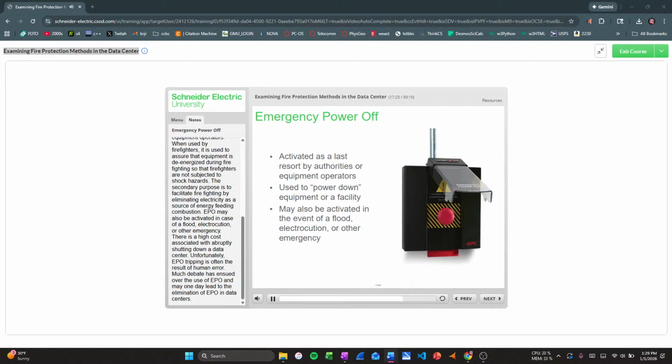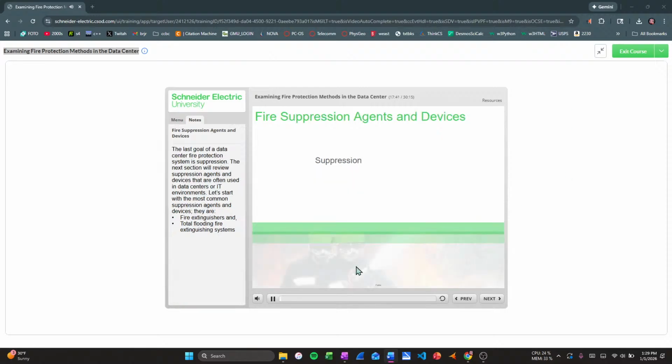There's a high cost associated with abruptly shutting down a data center. Unfortunately, EPO tripping is often the result of human error. Much debate has ensued over the use of EPO and may one day lead to the elimination of EPO in data centers.